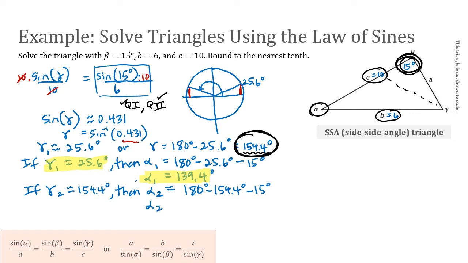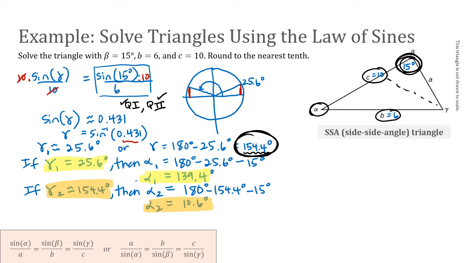So alpha sub 2 is going to equal 10.6 degrees. And let me highlight that maybe in a different highlighter. So gamma sub 2 is 154.4, alpha sub 2 is 10.6.